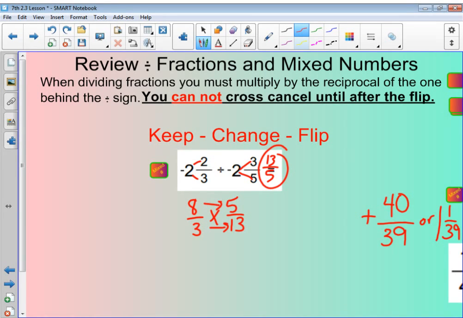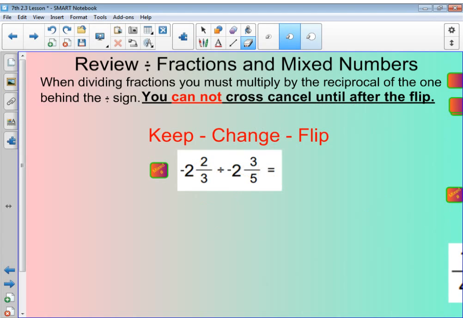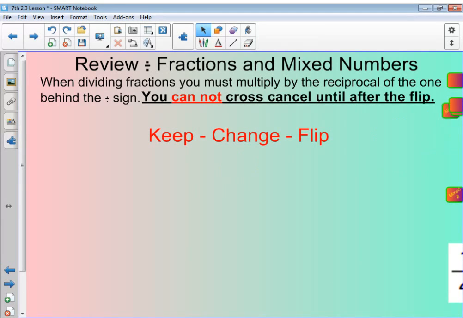Okay, so I'm gonna slide one out here and have you guys work on that because it's not a new skill. It's actually just combining stuff that we've already worked on. So I want you to try this one. You have 4 2/5 divided by -3 7/10. You can pause your video and then check back in just a minute to see if you got your answer correct.